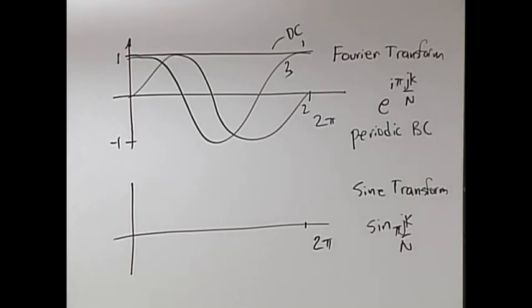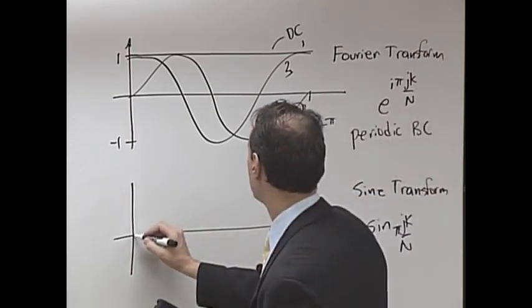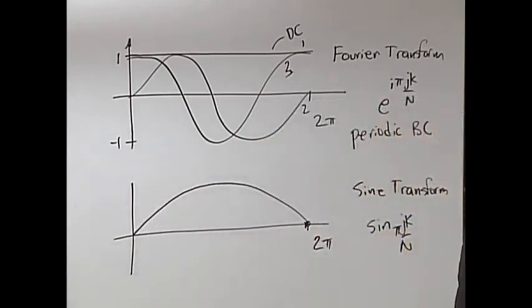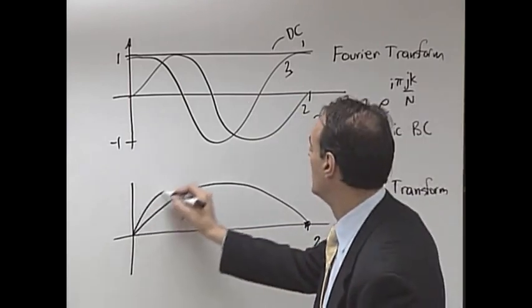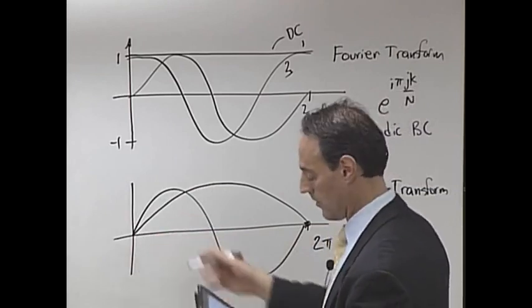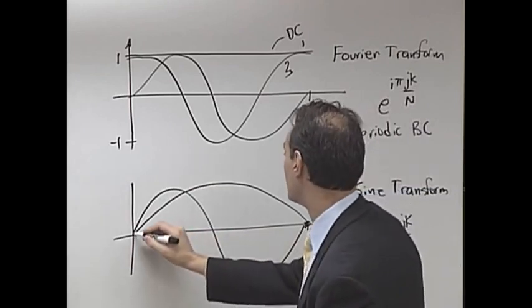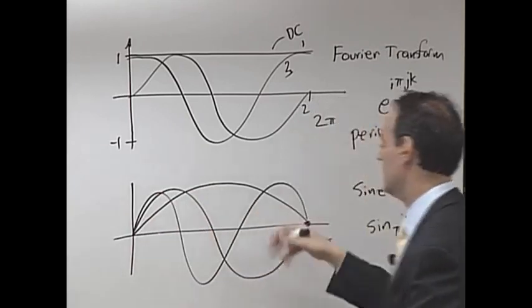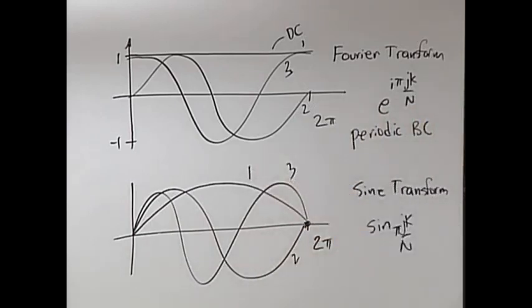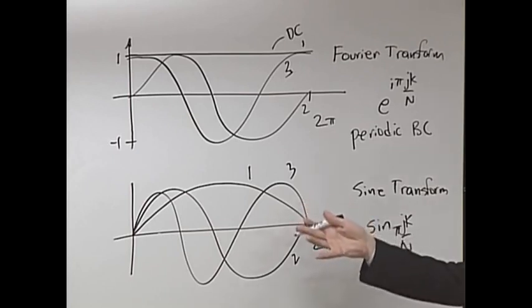What you're going to work with now are functions that go like this: a sine of half the angle, and that's your first mode, second mode, third mode. You just keep adding one at a time. 1, 2, 3. Sine functions. Is that a pi or a 2 pi? That's pi. And so here are your mode structures.